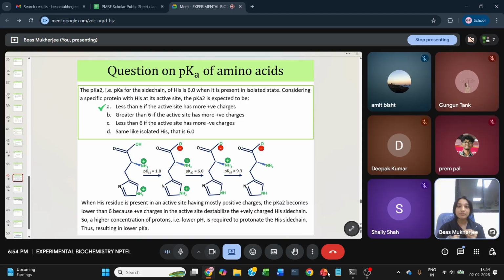So pK2 here is referring to that of the side chain, because the side chain pK is only 6.